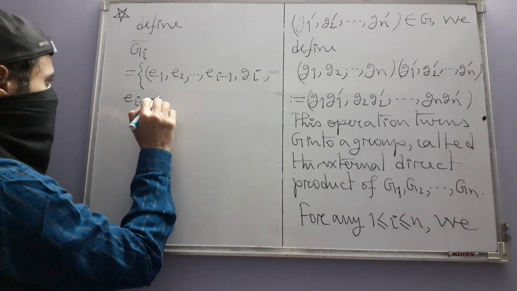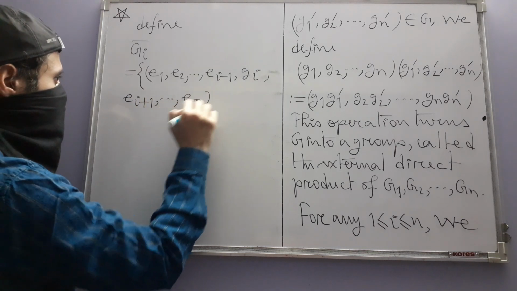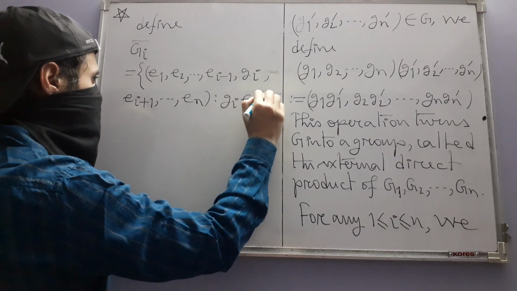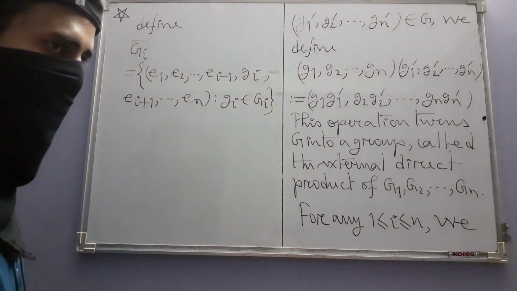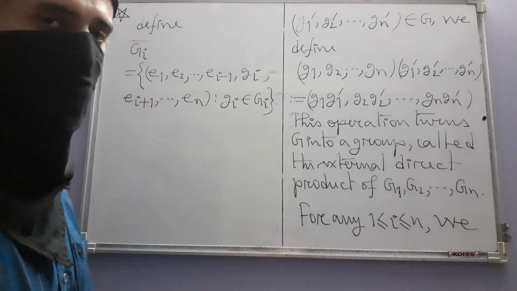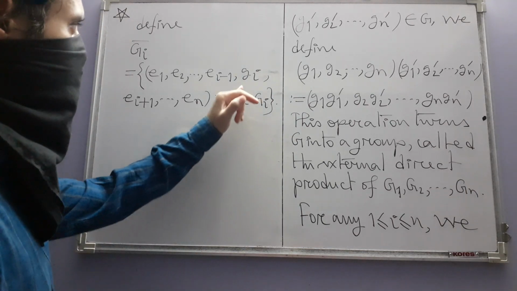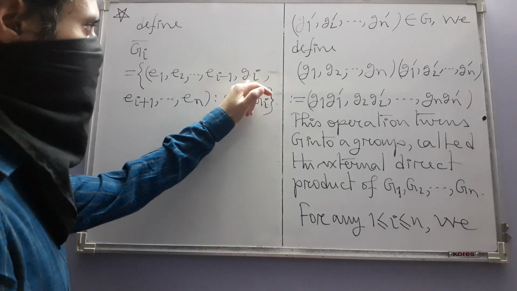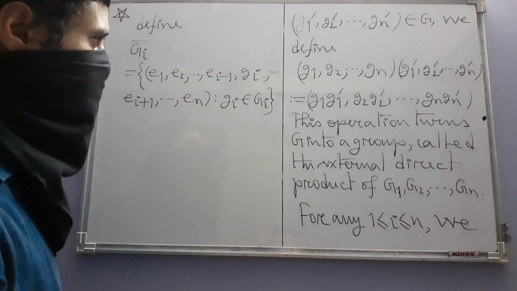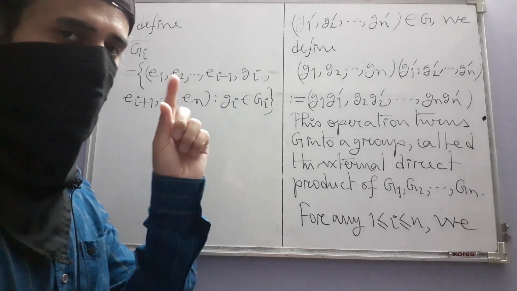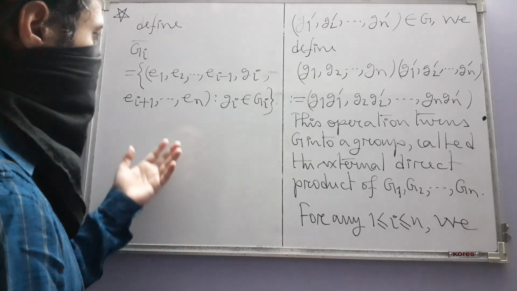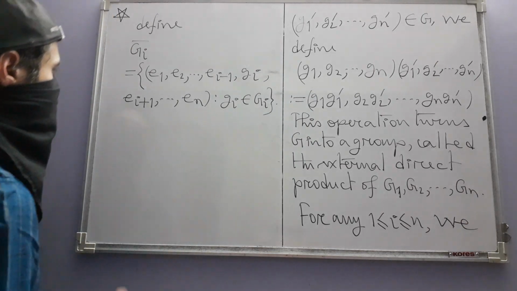So only the ith component we are leaving free. The others have been restricted to be the identity, just like there we put one component constantly the identity and left the other free. So here also we are doing a similar thing.